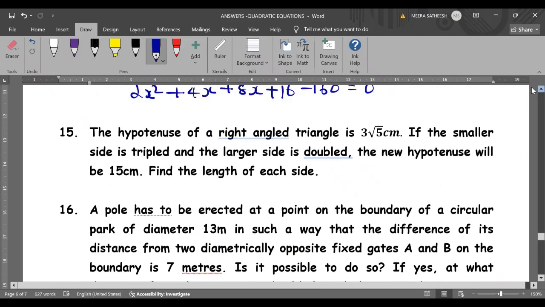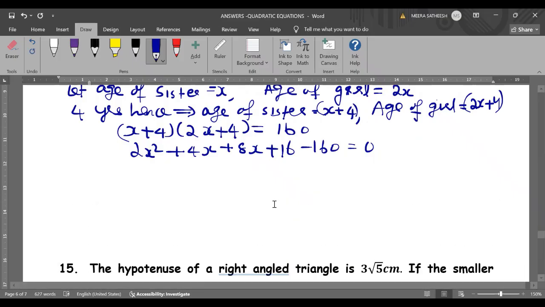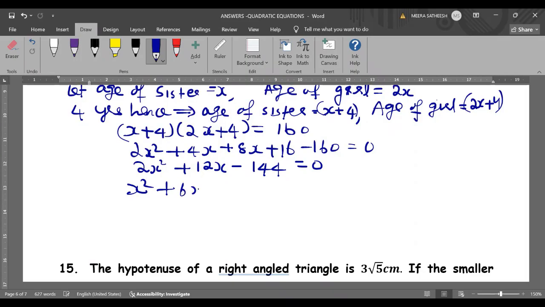Now simplifying, what we will get? 2x square, 4 plus 8, 12x, minus 160, 16 minus 160, 144, no? Equal to 0. All the coefficients are divisible by 2. So x square plus 6x minus 72 is equal to 0.